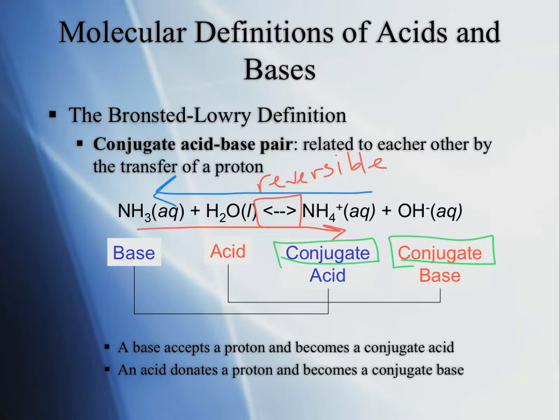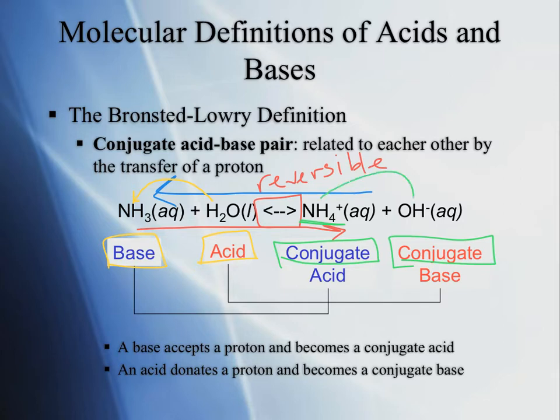So NH3 in the forward reaction is taking a hydrogen away from water. If it's taking a hydrogen, that means it's a base. So in the forward reaction, NH3 is the base and water is the acid, since it's donating that H. And so in the forward reaction, we would just call them acids and bases. But if we take a look at the reverse reaction, we start out with NH4 plus, and now it's going down to NH3.